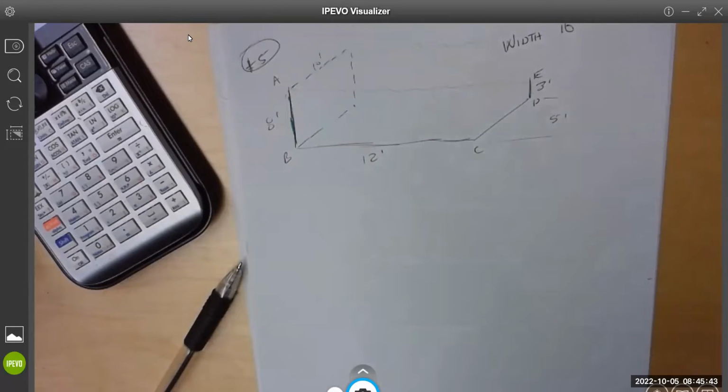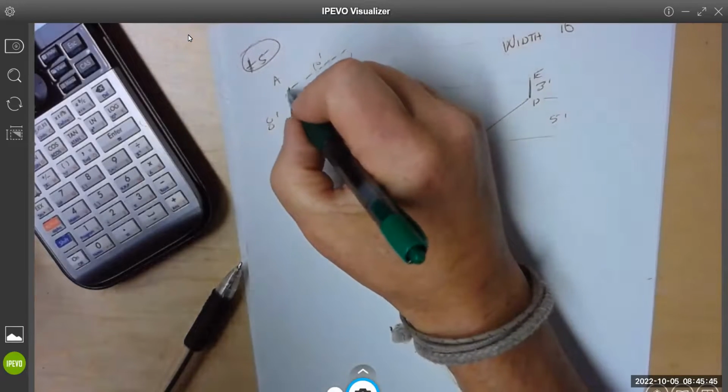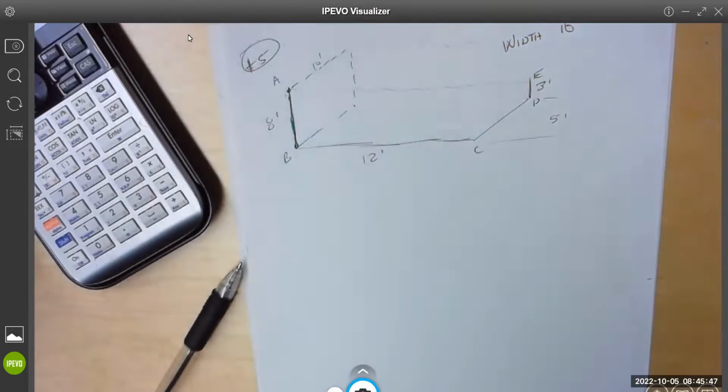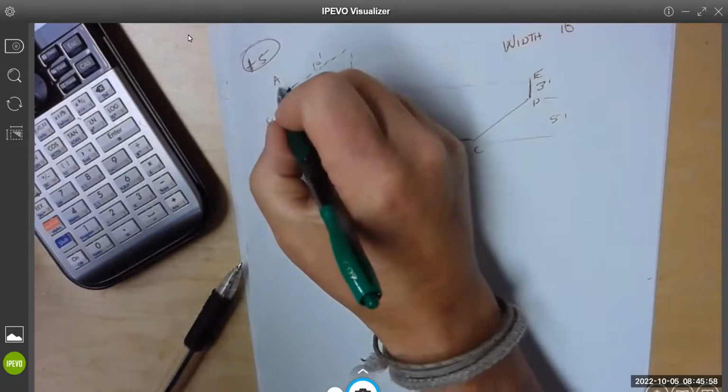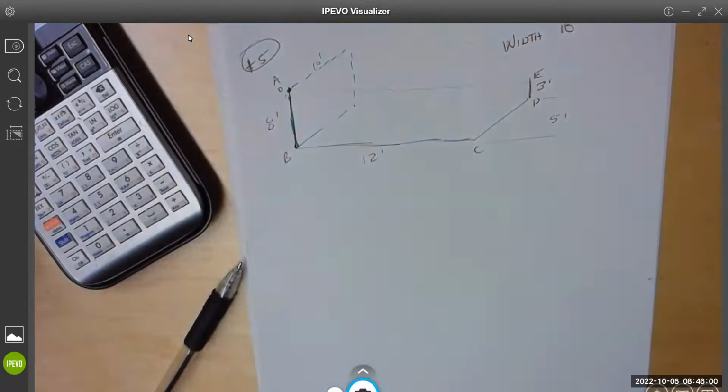What we need to know is the pressure at the top and the pressure at the bottom, and then we need to build the pressure curve. It's linear, but it's not uniform, right? What's the pressure at the top? 0. There's no hydrostatic pressure at the top due to the water.